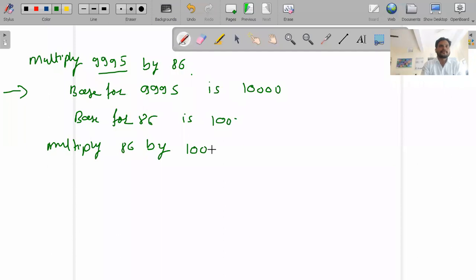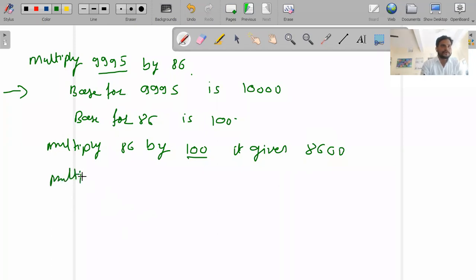Am I right? I have to multiply only by 100. That is, I will get 8600.